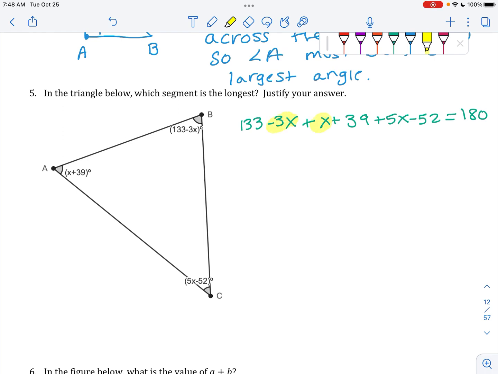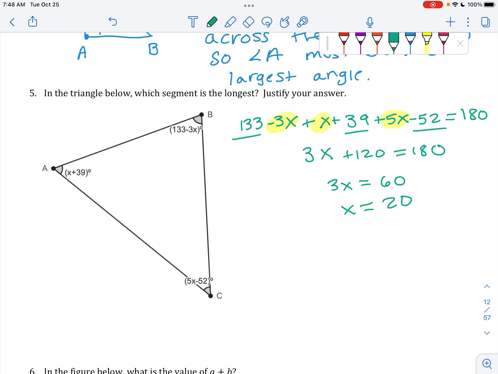Negative 3x, x, and 5x together, that makes 3x. And then I am going to add up 133, 39, and 52, and that is 224. And so I'm going to solve for x, and I get x has to equal 20.